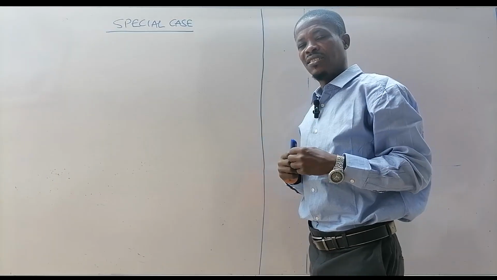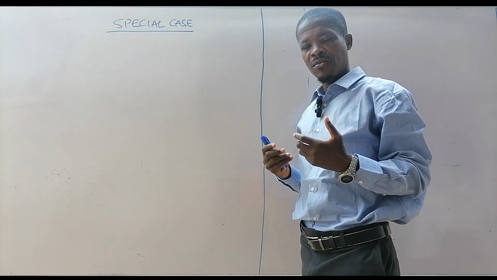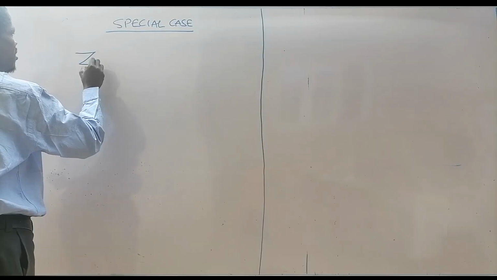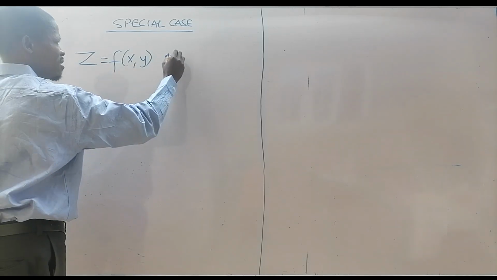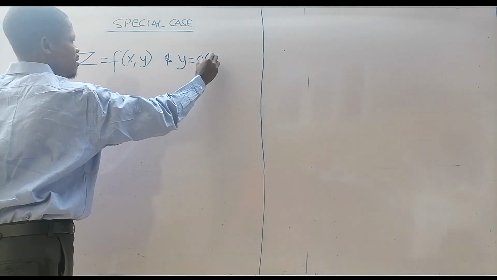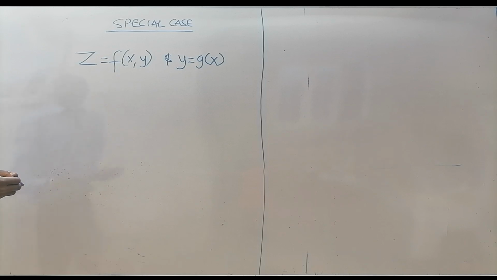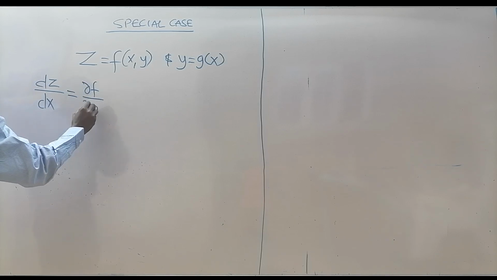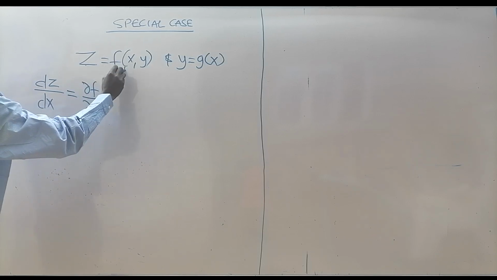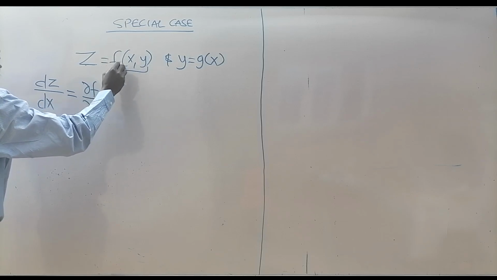Now I want to look at a special case of case 1. Z is a function of x and y, and y is a function of x. You can compute dz/dx, and that will be equal to ∂f/∂x. Z is a function of two variables, so we're going to do the partial differentiation.